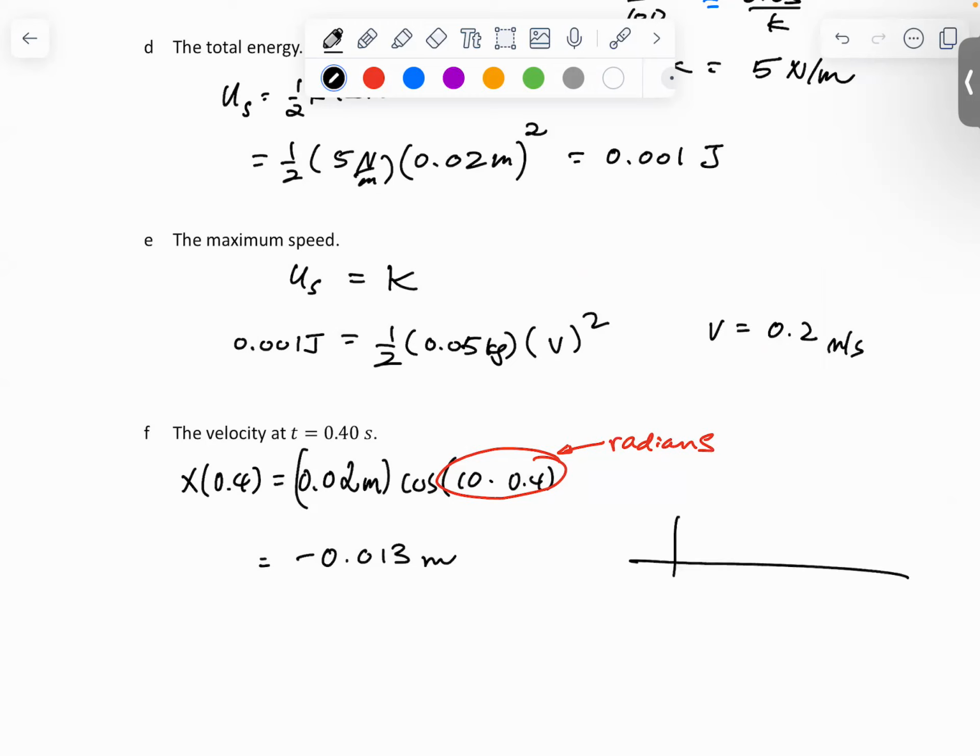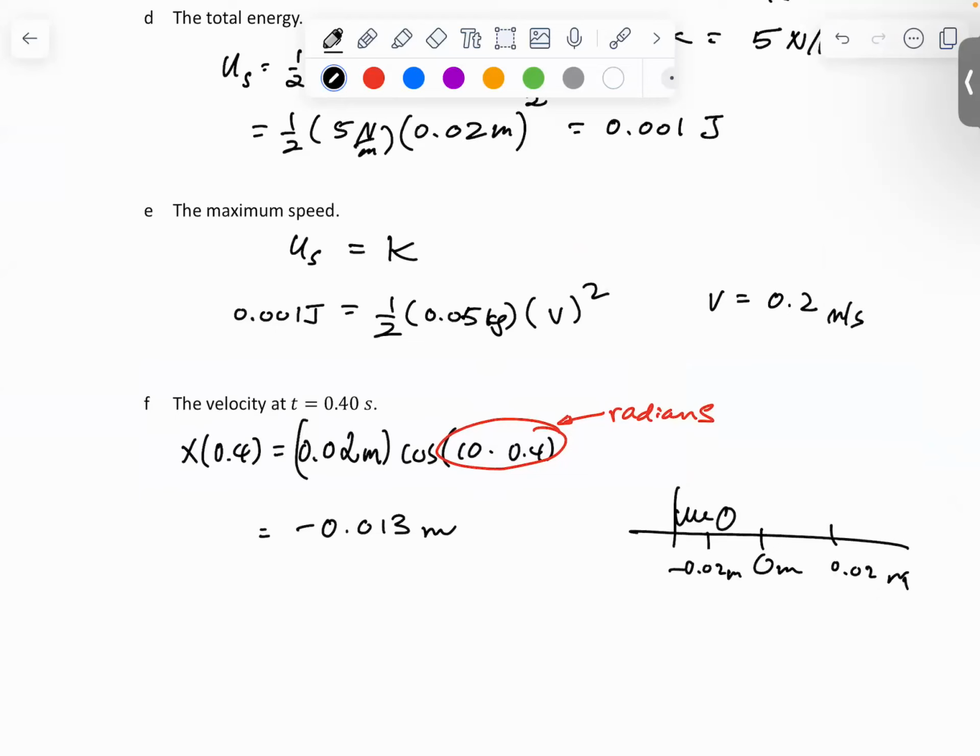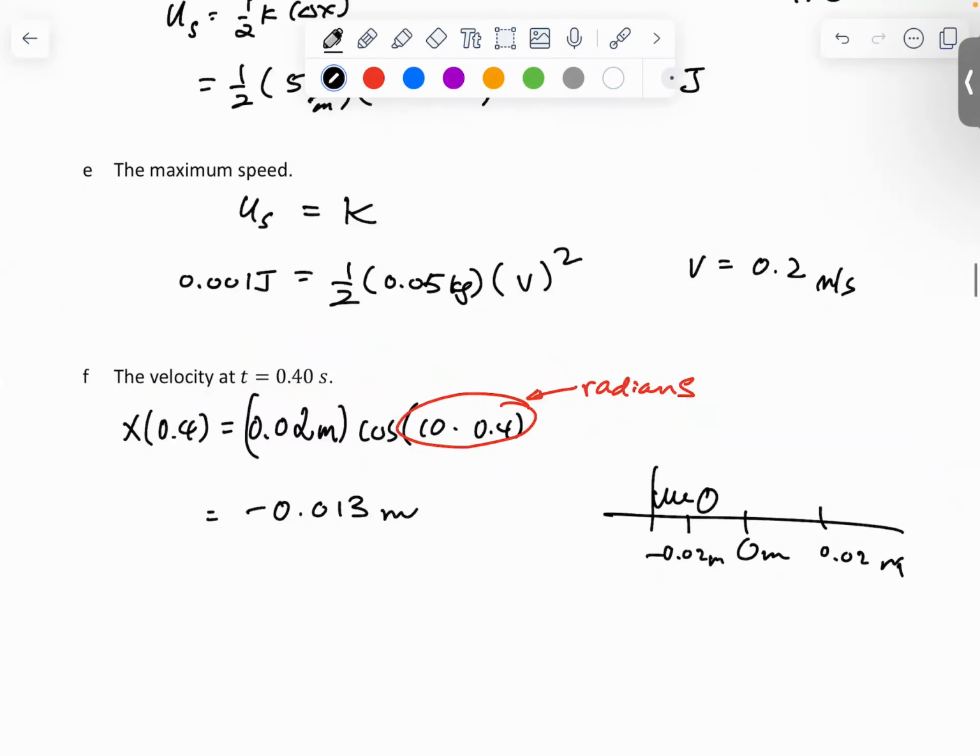So now, what does that mean? That means if you have the spring, and this is 0 meters, the ball is actually somewhere here, okay? Because it could go all the way to 0.02, but it's 0.013, so like 1.3 centimeters to the left of it. So what's the velocity? What we are trying to do here is to acknowledge one simple understanding.